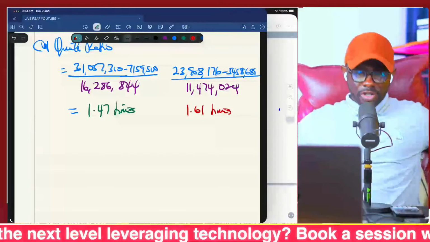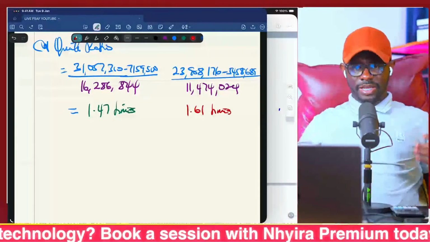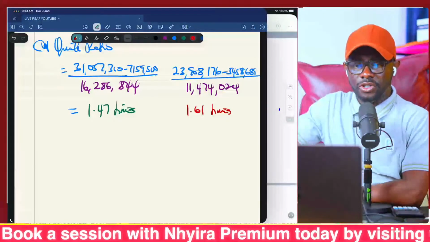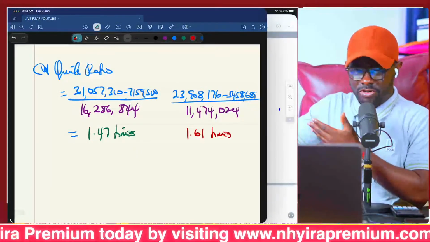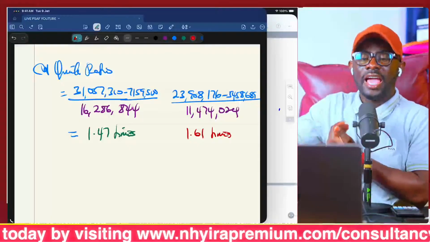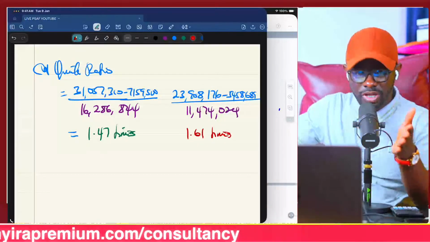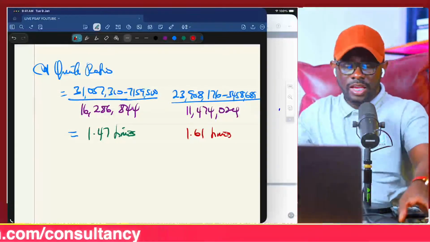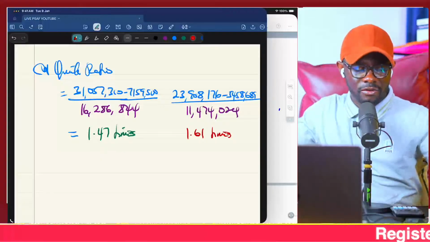So from a quick ratio perspective, it appears that both of them are liquid. They can pay their short-term debt as they fall due, although Bolgatanga's ratio is marginally higher than Sunyani's ratio. So that's our quick ratio there, assessing the ability of the universities to pay their short-term debt as they fall due.